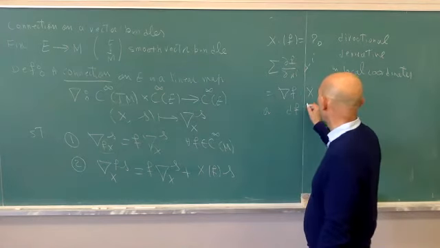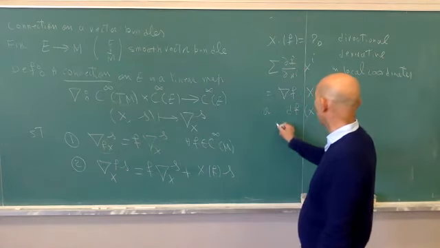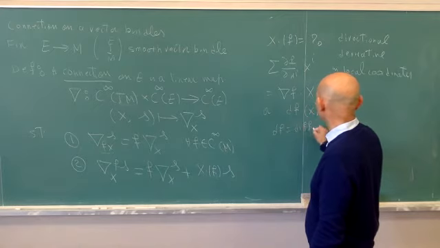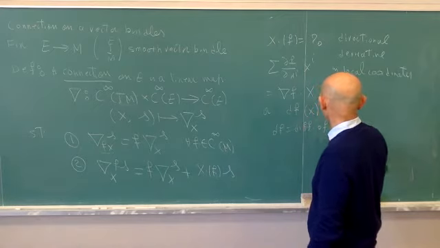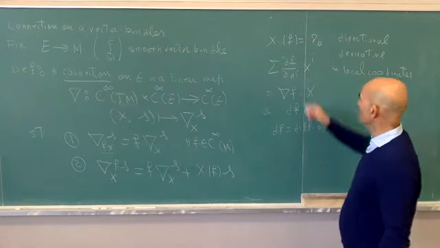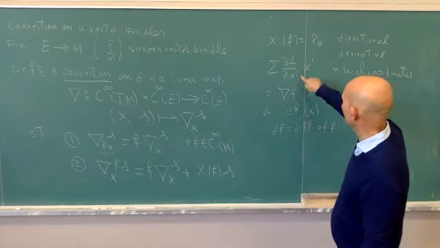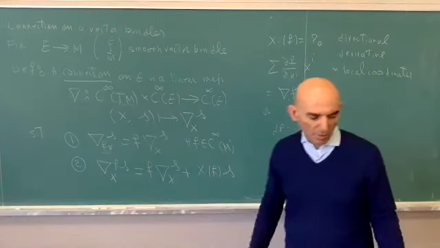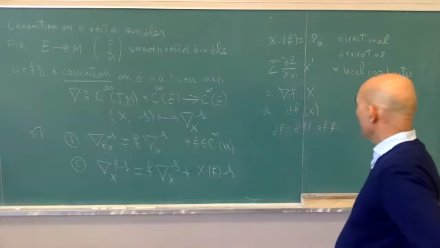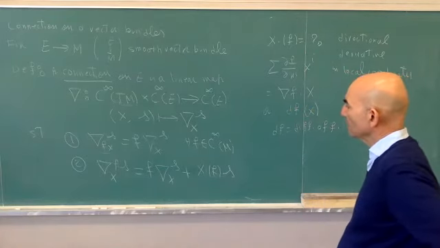This is df acting over, df is equal to the differential of f. So in local coordinates, you can define it like that. In this case, this is the one. All right. So what else do I want to say?